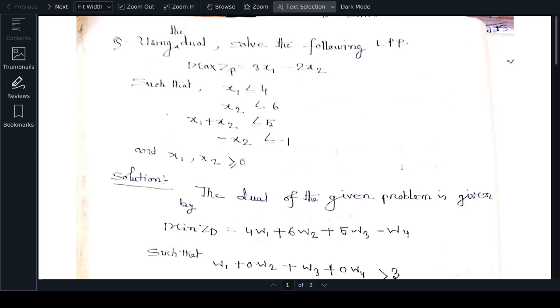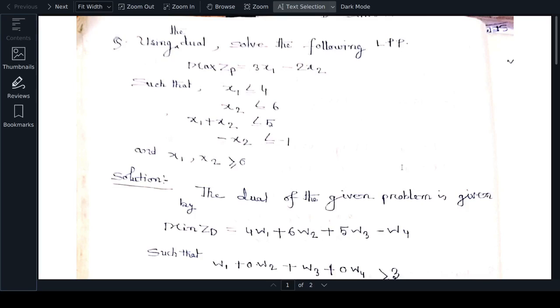First you see, using the dual, solve the following LPP.